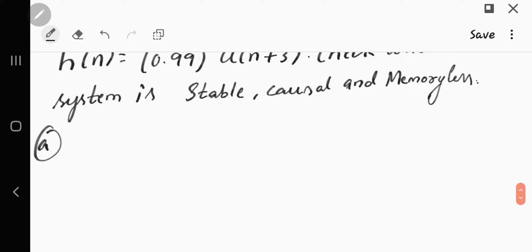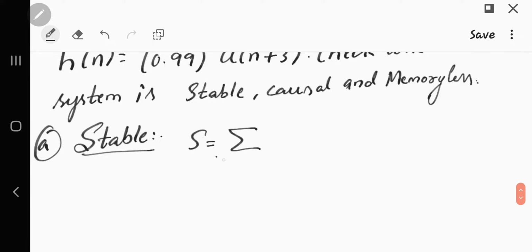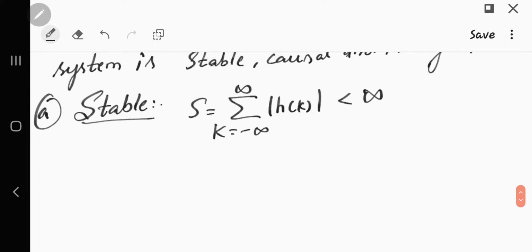So let's take one by one. First, let's verify for stability. It's a discrete time system. Therefore, the condition for a system to be stable is S is equal to summation k varying from minus infinity to plus infinity of h of k, which should be less than infinity. So S is equal to summation k varying from minus infinity to plus infinity.